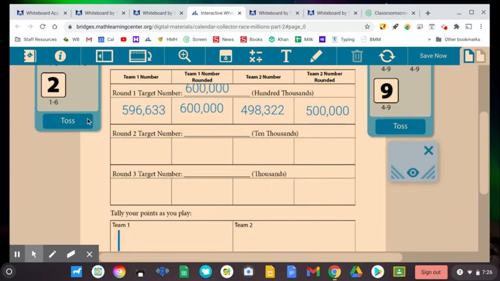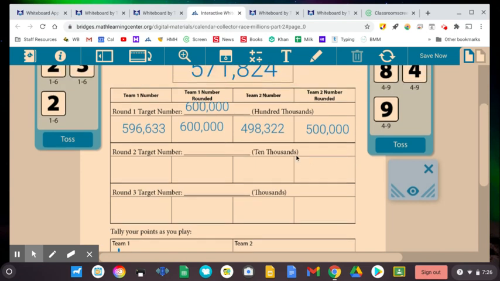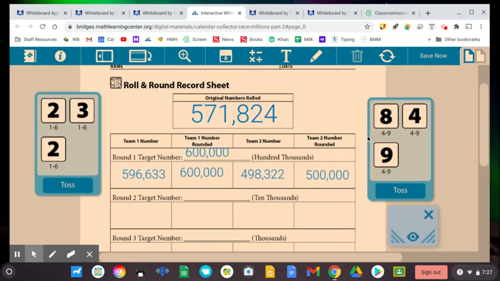So let's go to our target number for our 10,000s. Going back to this number, we have the 5, we have a 7, we have a 1. Looking at this, 571,000. We're looking for the number in the 10,000s. So this is 500,000, 70,000, 1,000.